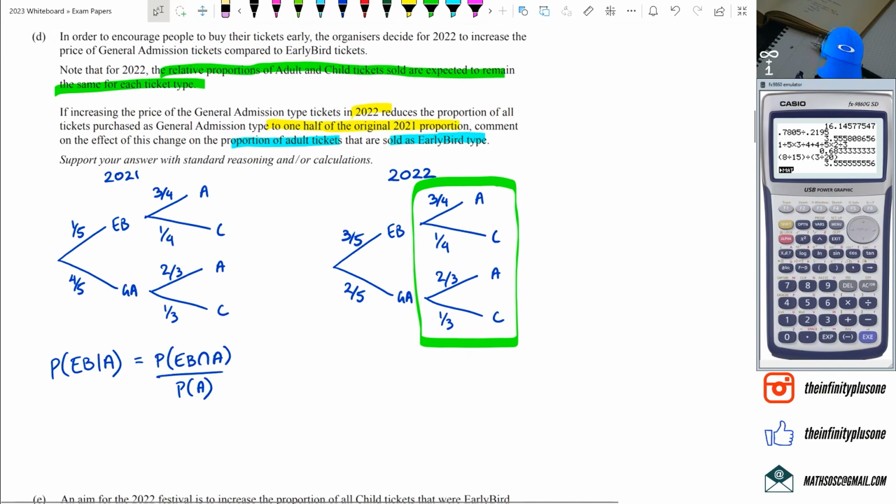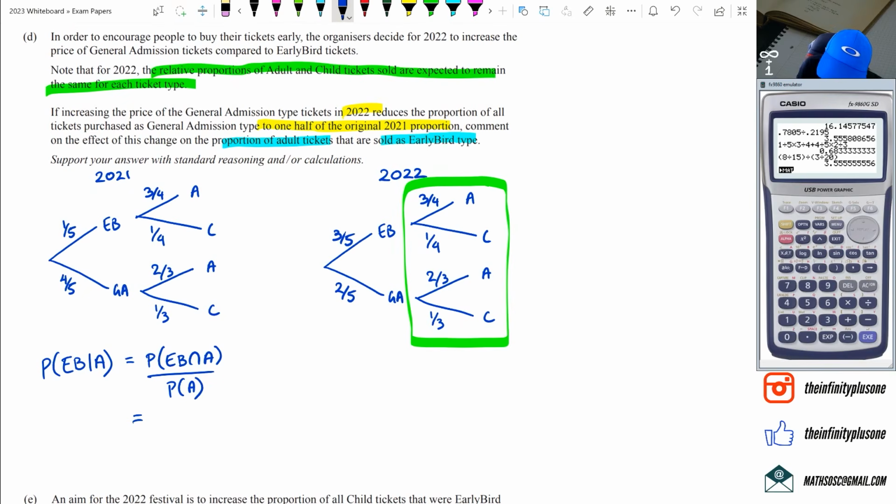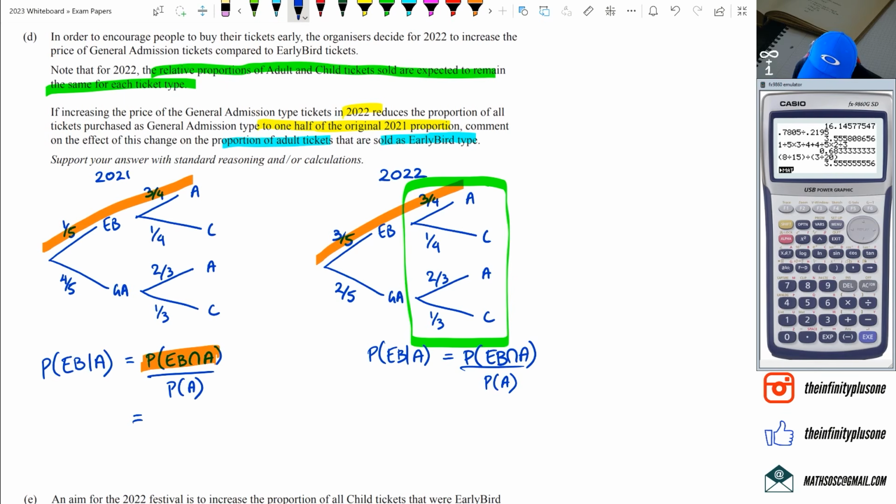So with EB and adult, I'm going to have to choose different colors here. So this is the early bird and adult. And again, it's going to be the same for 2022. So I'm going to find out what the probability of EB given adult is. That's the probability of EB and adult divided by the probability of adult.